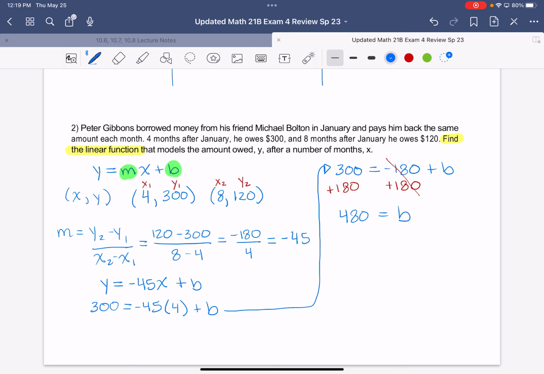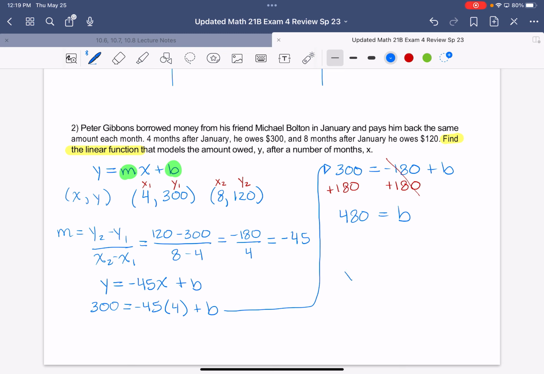So I have now found my b. I found my m, the slope, and I found b, the y-intercept. Now we're going to rewrite our linear equation with the m and the b that we have found.